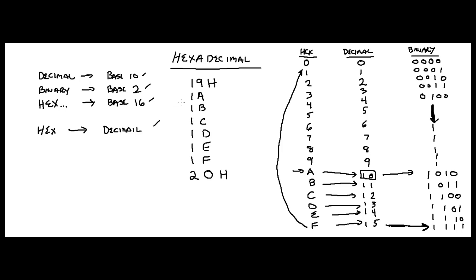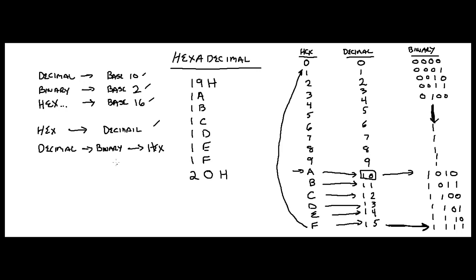Now, if you're going from decimal to hexadecimal, this is how I would suggest you do it. Take your decimal, convert it to binary, and then from binary convert it to hex.